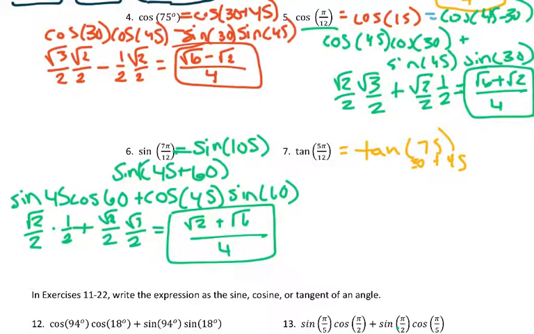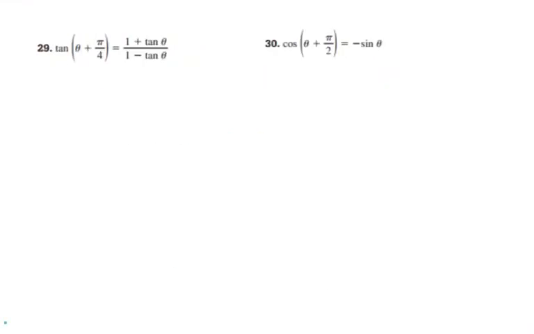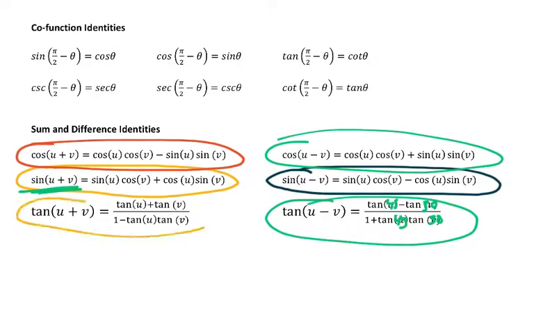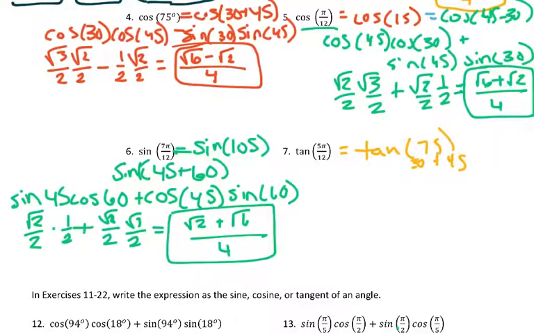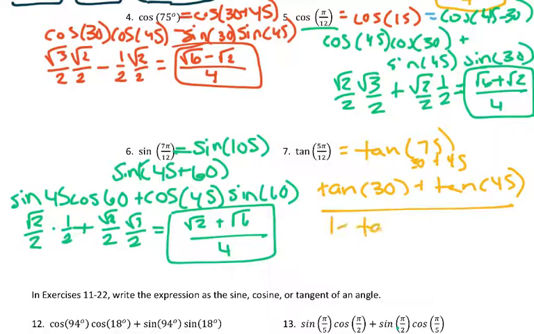Alright, so we're going to be adding tangents. So again, taking a look at our formulas, we've now basically used all of them. We're going to add u and v. So, tangent of 30 plus tangent of 45 is going to be over 1 minus the tangent of 30, and that multiplied by the tangent of 45.